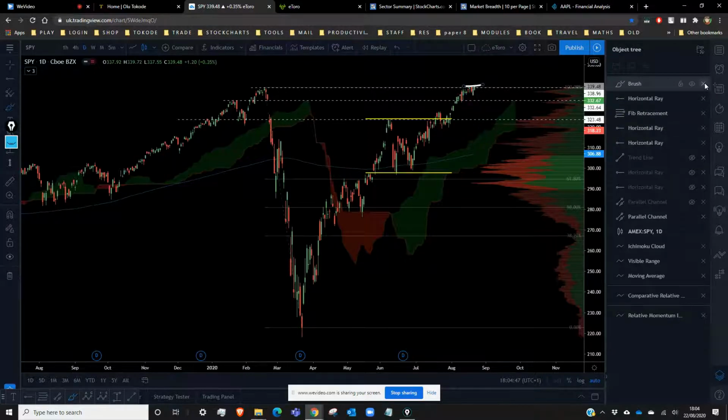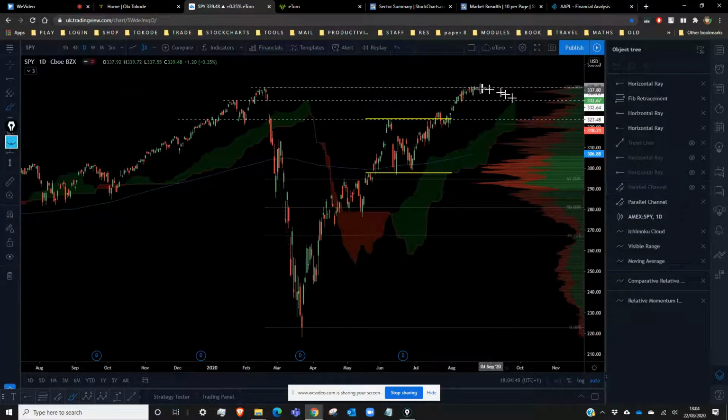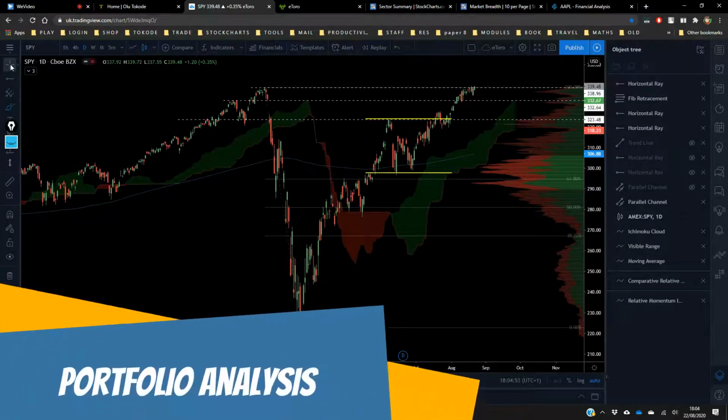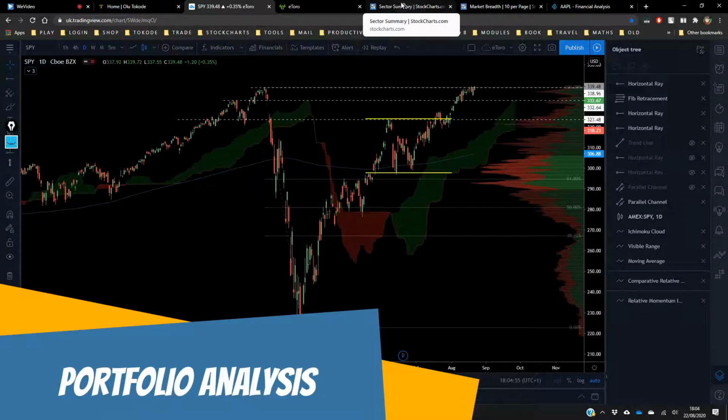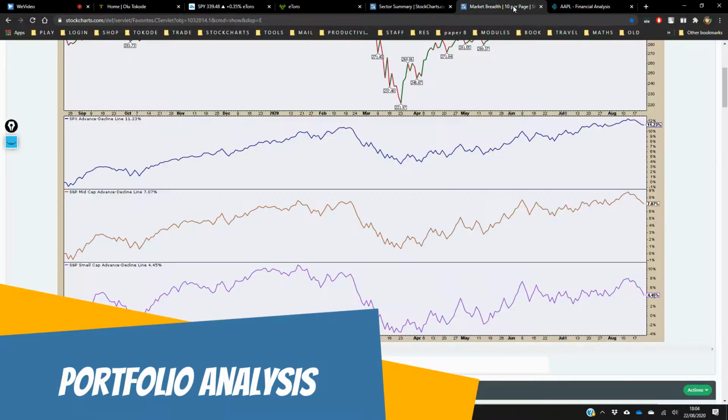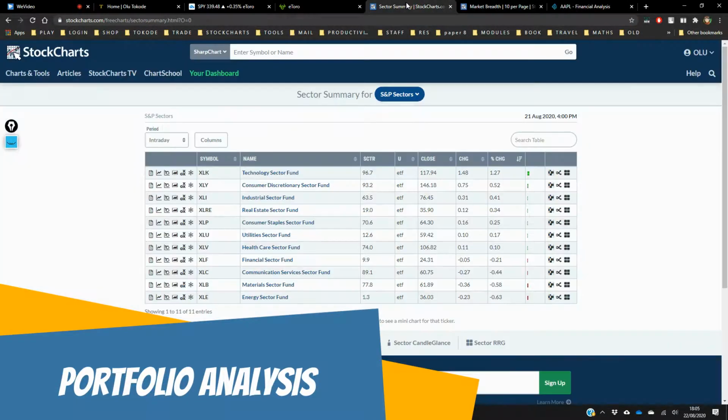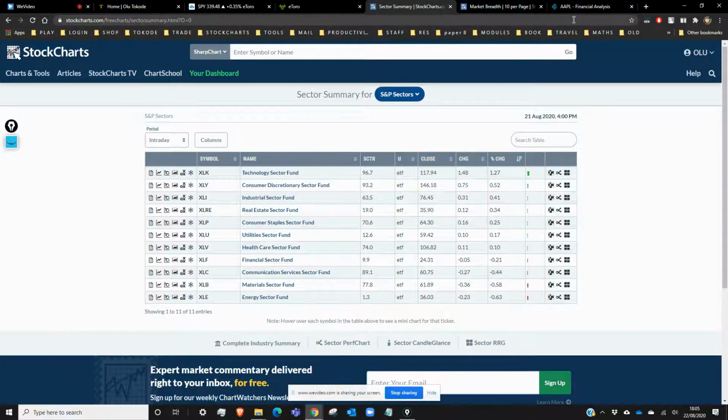Now I'm going to move on to my portfolio. I want to have a look. So last week I came up with this portfolio within a portfolio.